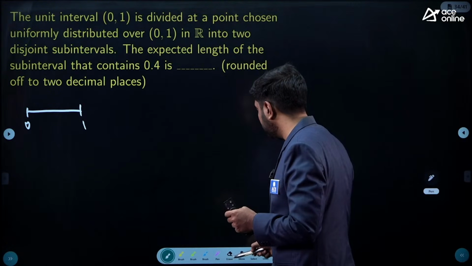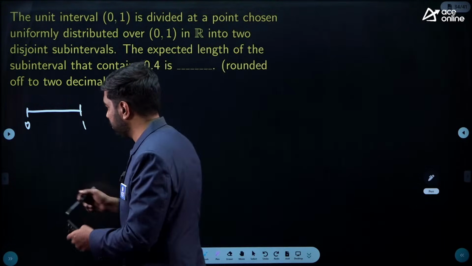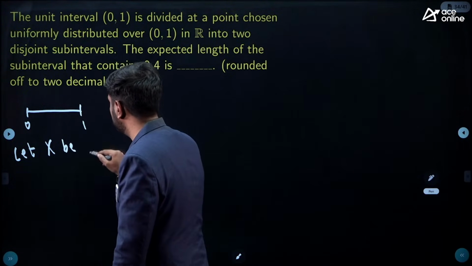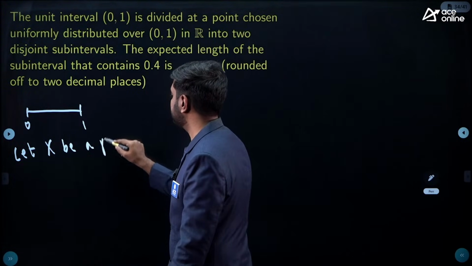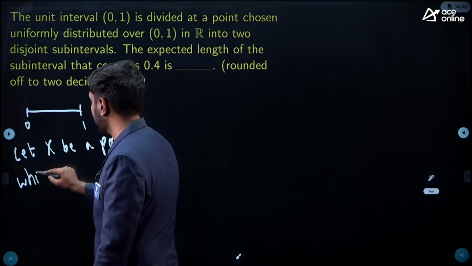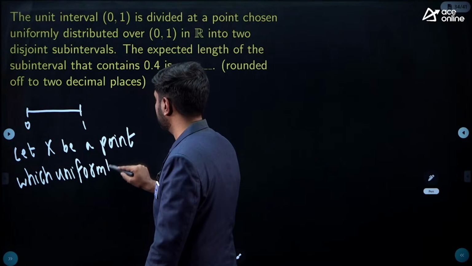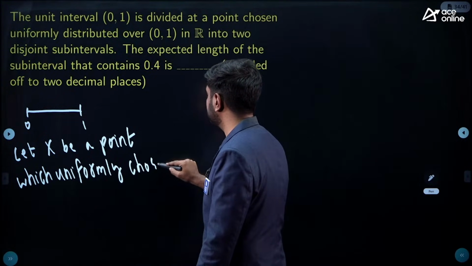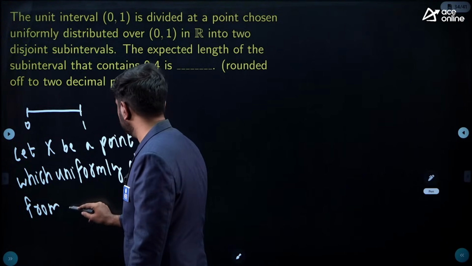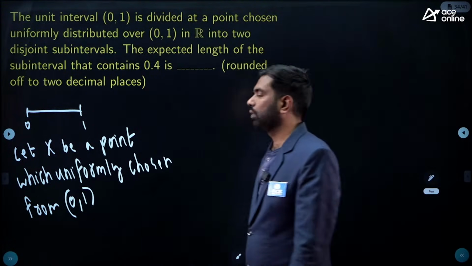Okay, so this looks a little complicated. So what I'll do is I'll write some description. Let x be a point which is uniformly chosen from the interval 0 to 1.